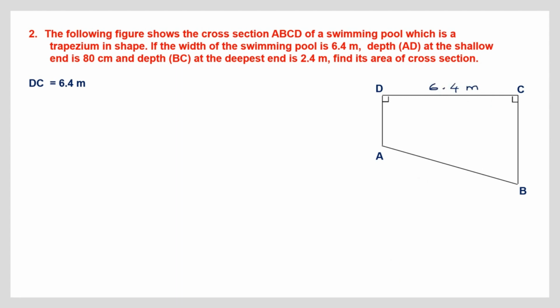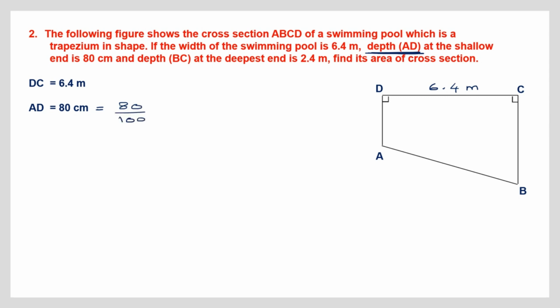And here it says the depth AD. The depth AD means it's here, the depth at the shallow end. So AD at the shallow end is 80 centimeters. So let's convert this to meters. We know that 100 centimeters make a meter. So 80 centimeters will be 80 by 100.